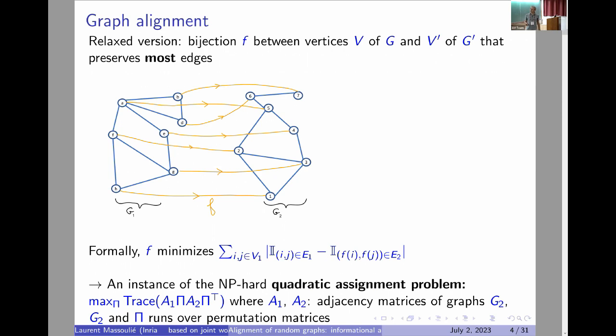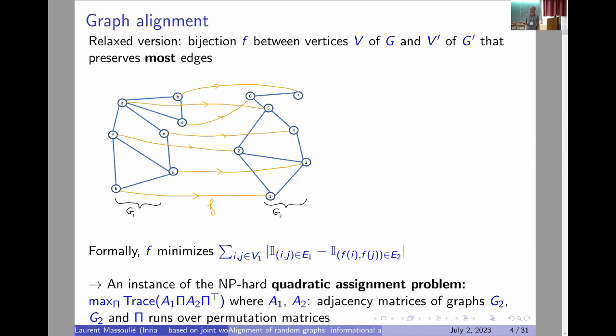You can reformulate this objective as maximizing the trace of a matrix, and the matrix whose trace you maximize is a product of 4 matrices. You have A1, which is the adjacency matrix of graph 1. Pi is the matrix associated with a permutation over n vertices. So we assume we have the same number of vertices on both sides.